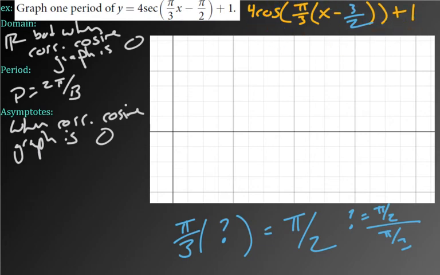Okay? So same kind of place. I always like to start with the period. 2 pi over b. b is pi over 3. Right? And so if you do that out, the pi's would cancel, multiplied by 3, so you get a 6, okay?